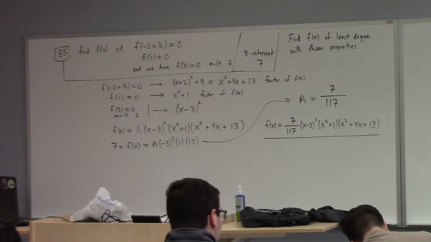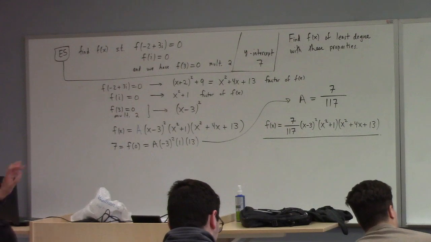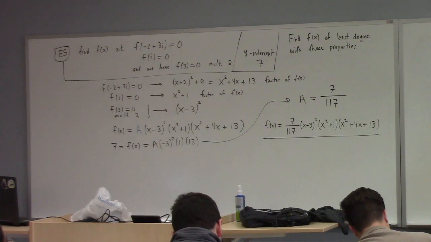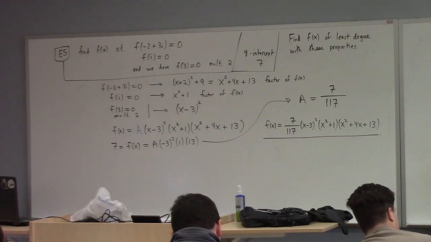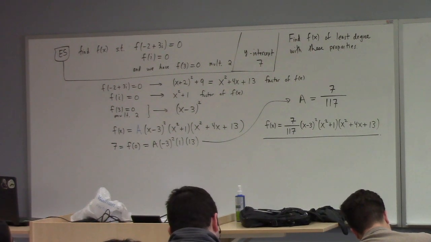Excuse me, guys. If you think about multiplying this formula out, don't do it, but if you think about it, I would get what? I would get something like 7 over 117, x to the what? What's the biggest, baddest thing here? x squared times x squared gives x to the 4th. And then this multiplies out to give an x squared, so you have x squared, x squared, x squared. x to the 6th is the biggest power possible here.